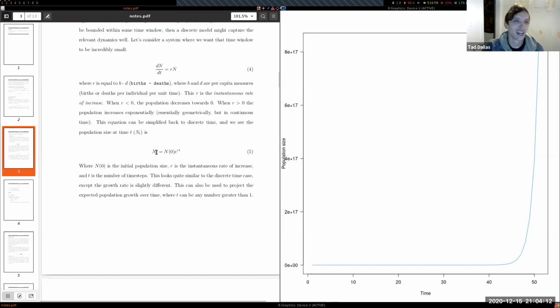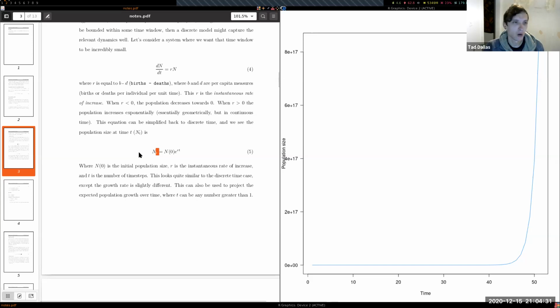But before I do that, I'll talk briefly about how the continuous time version can be used to extrapolate and turn back into discrete time, basically. If you differentiate this equation, you can get at what the population at any time t would be.